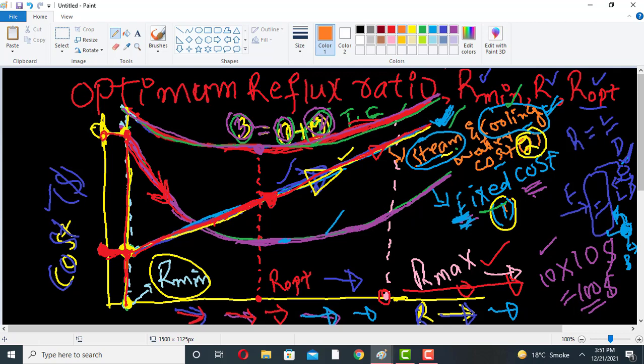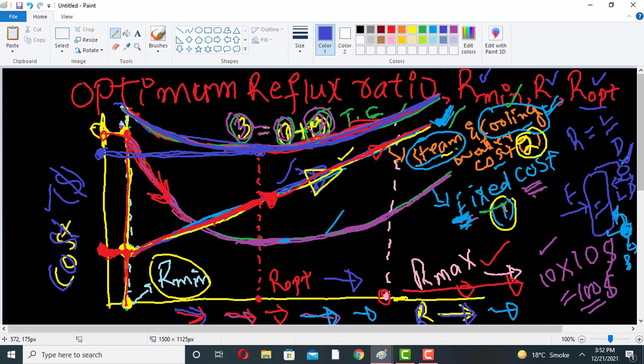So at which point of this curve, curve number 3, is the cost minimum? It is a simple question. At this point the cost of the column is minimum.